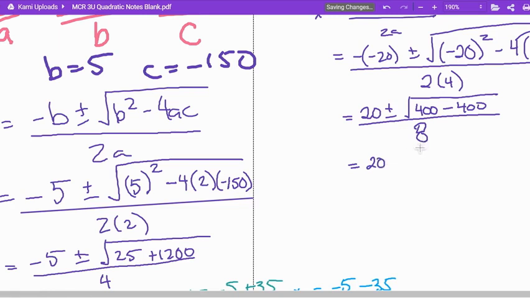What's the square root of 0? Oh my goodness. 20 over 8. Right? If you have a fraction, you must simplify it.